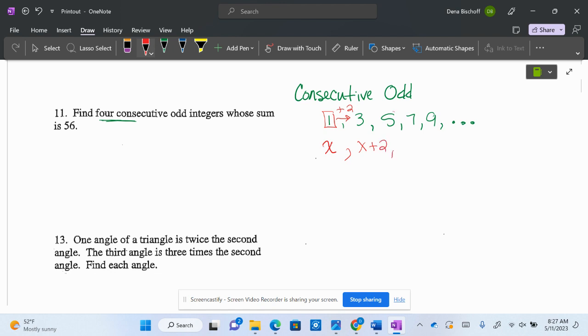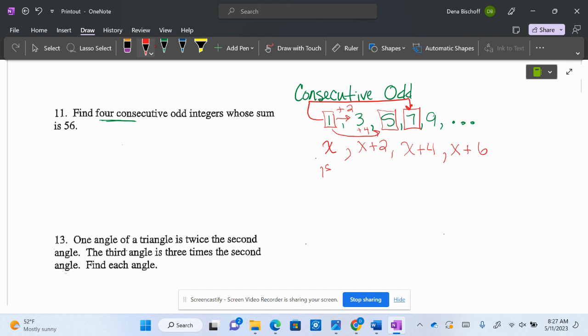And 1 plus what is 5? The next number is x plus 4. And 1 plus what is 7? x plus 6.